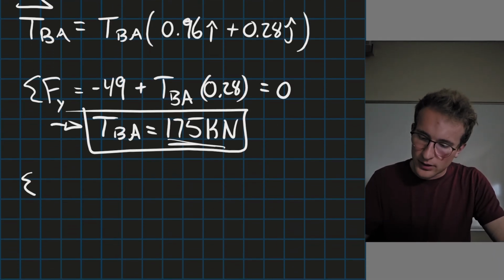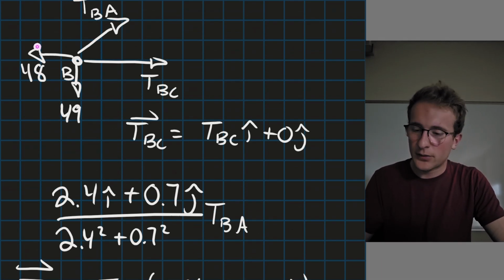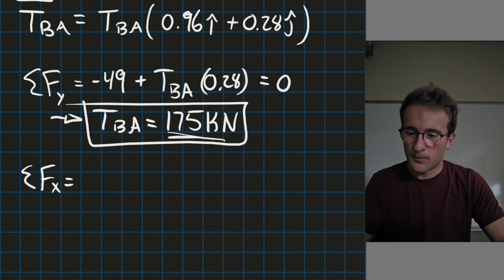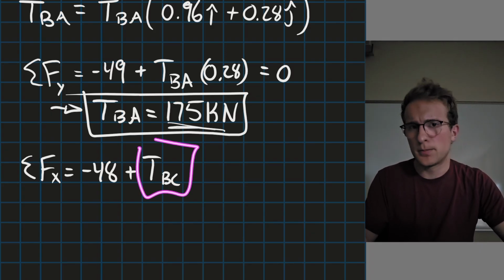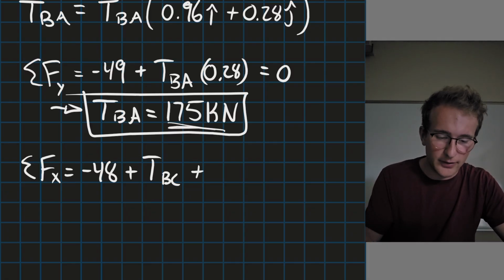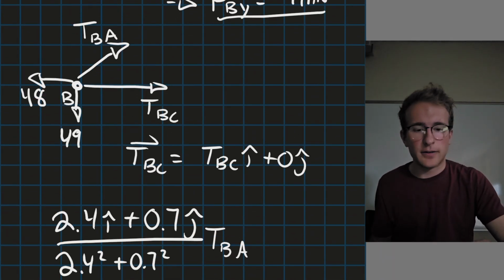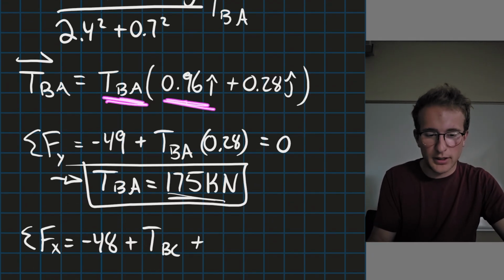Okay, and I can do some of the forces in the x direction. What forces here act in the x direction? Well, we have a negative 48, TBC, and the x component of this vector. So we have negative 48, tension in BC, again, because that tension is purely in the x direction. And then plus the x component, or the I hat component, of that force vector, which is just 0.96 times TBA.